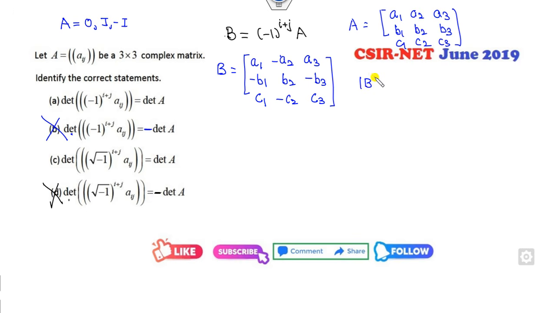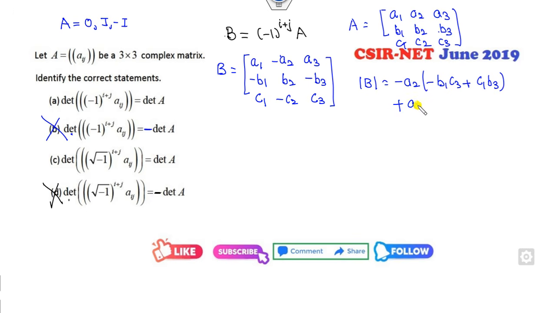Can you find the determinant of this? The first case is a1 times b2 c3 minus b3 c2, which is satisfied. Then minus a2 times b1 c3 minus c1 b3. You can see if I take the negative common, that is also satisfied.